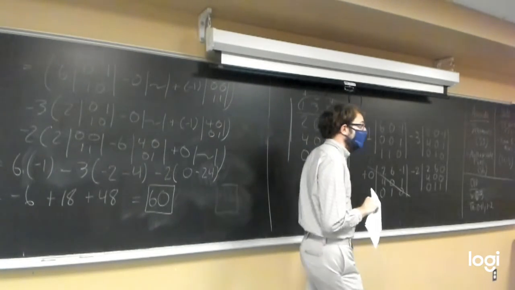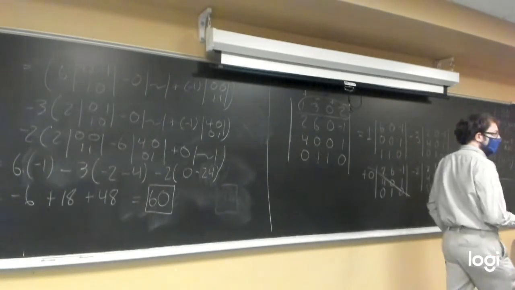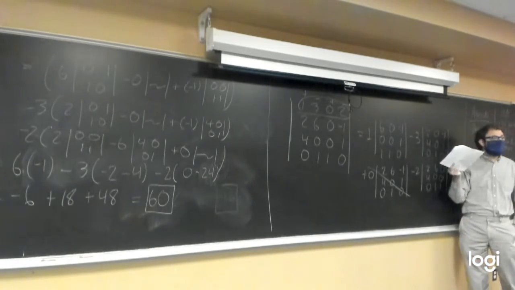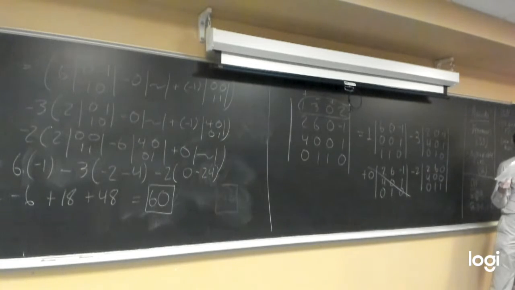And what that method involves, Holly, as I think you were alluding to, involves the fact that we went through this process of going down the top row and taking the element in the top row times the determinant of what's left if we remove that row and column.